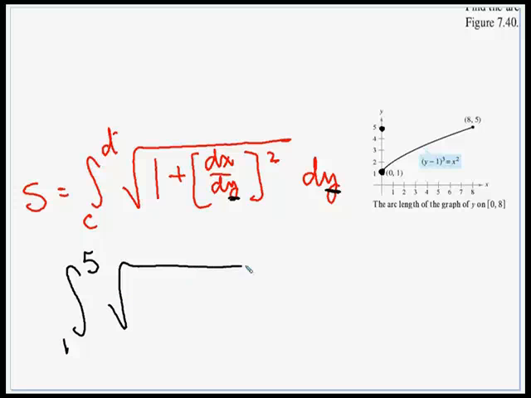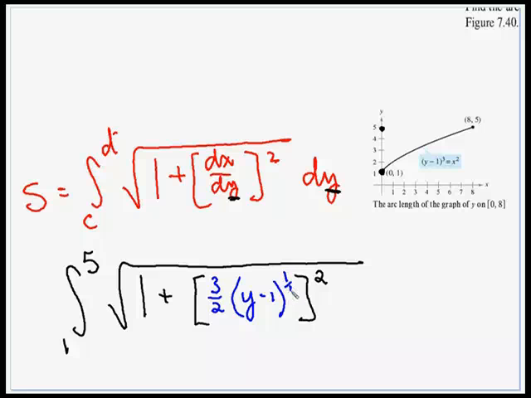And then we have our radical, and then 1 plus, and we're going to plug our derivative in here and quantity square that. That was 3/2 quantity y minus 1 to the 1/2 power dy.